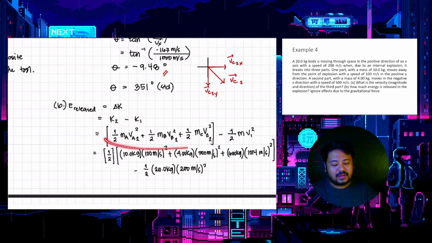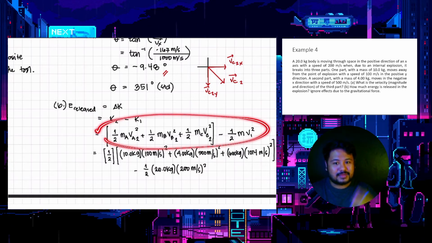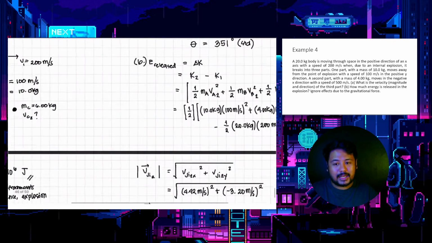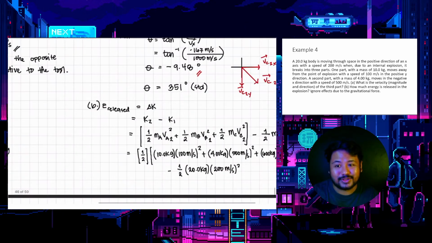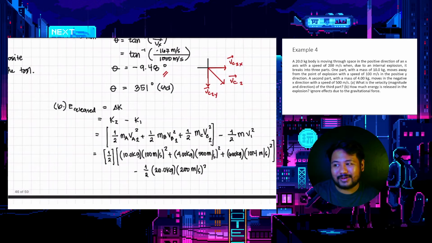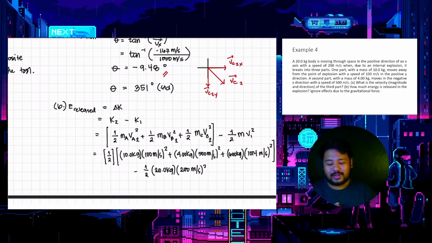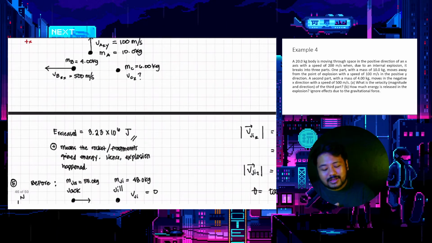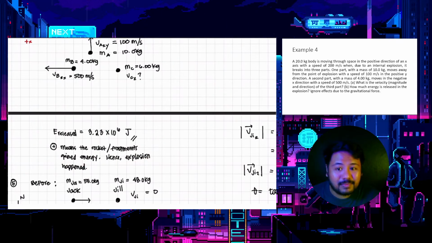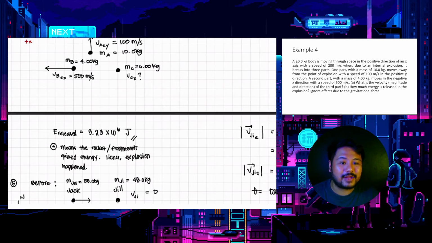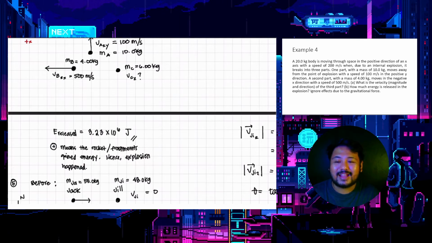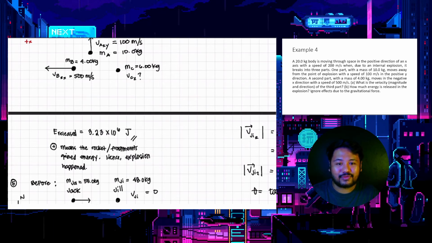So substituting what we know, since it is an explosion and it made our different pieces speed up, we expect a positive value for this one. So we now have the energy released, positive 3.23 times 10 raised to 6 joules. That's for problem number 4.